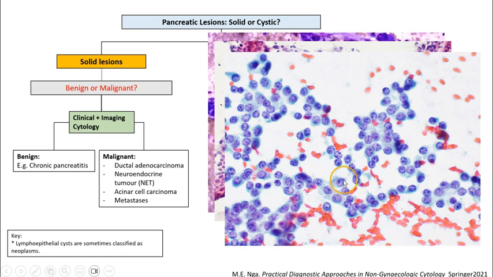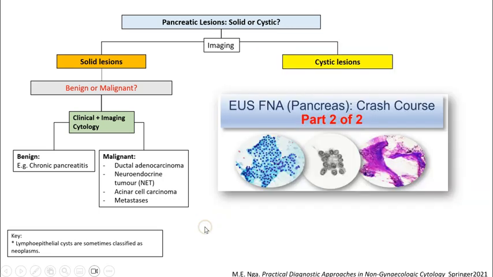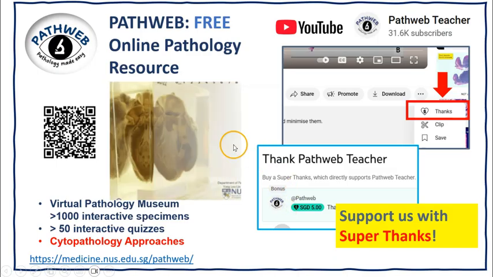So the cells often have a plasmacytoid shape with eccentric, rounded to oval nuclei and this classical salt and pepper or stippled chromatin. Again, there will be separate videos highlighting these individual entities. And in part 2 of this series, we will focus on cystic lesions.